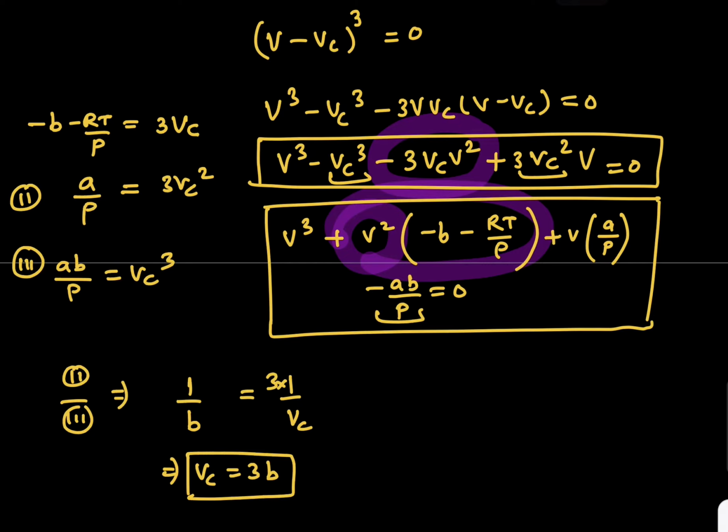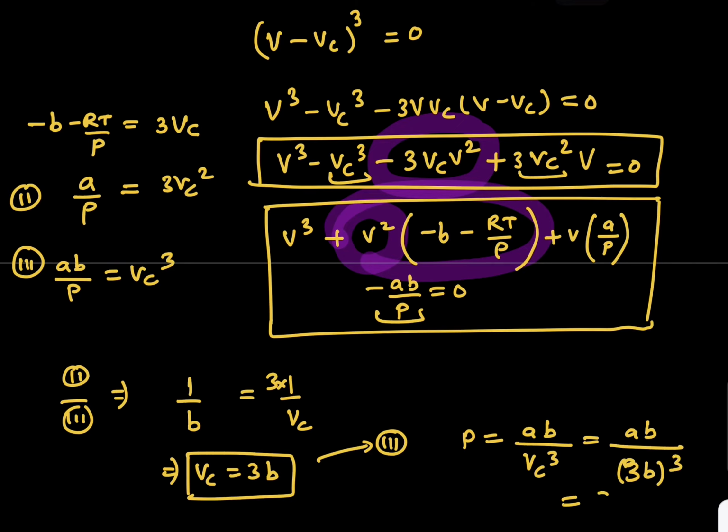And what are a and b? They are the constants given in the Van der Waals equation. Once you know Vc is 3b, I can put it in equation number 3. Equation 3 gives P equals ab upon Vc whole cubed, which is ab divided by 3b whole cubed. If we solve this, it comes as a upon 27b squared.